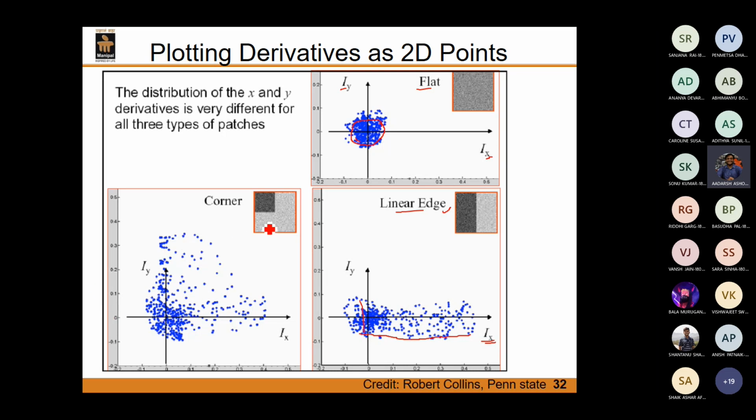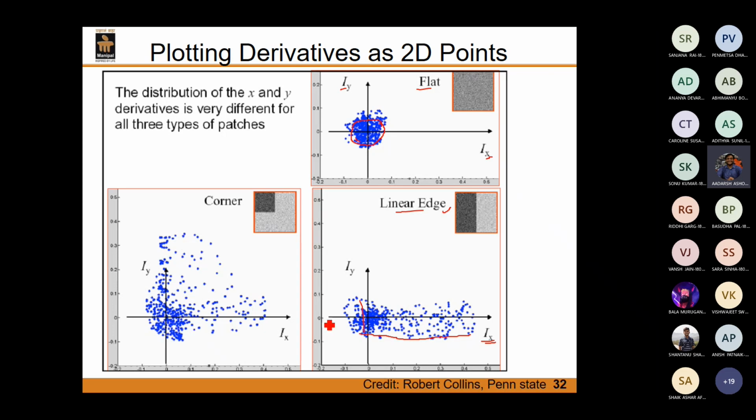And if I'm taking an image with a corner, what I see is that I do have significant gradient vectors along both the x direction as well as the Iy direction. Or I can say that I have large non-zero gradient vectors along both the directions. So if you look at these three scenarios, you see that the whole distribution of the gradient points along the x direction and y direction is different.